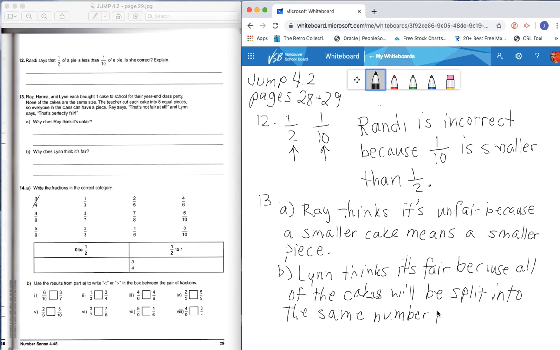So she thinks because everyone gets 8 pieces, then that is fair to her. Okay? And that's what you need to write.